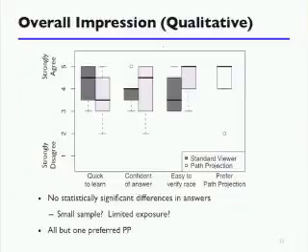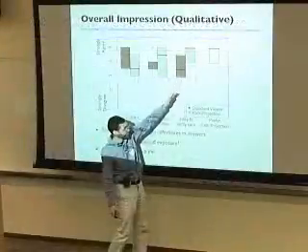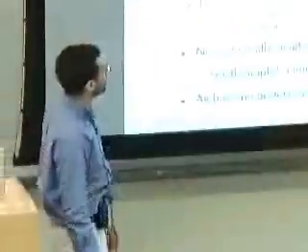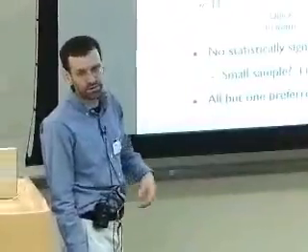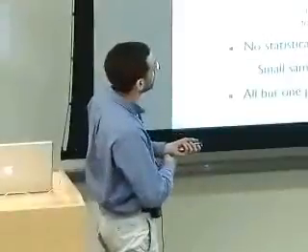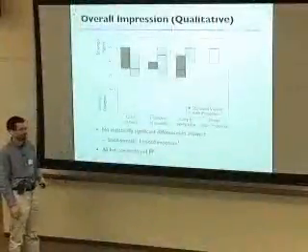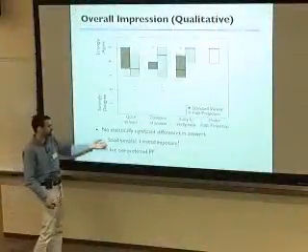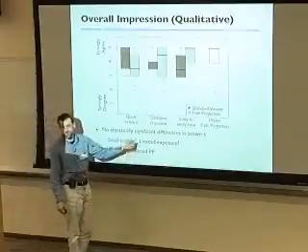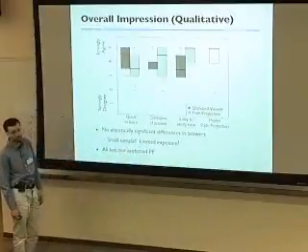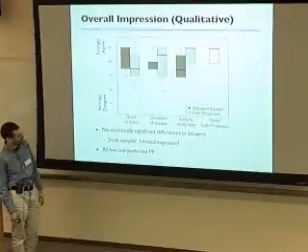And actually, there's no statistically significant difference in the answers to these three questions. So they felt pretty good about both interfaces, which was kind of interesting. Maybe that's because both interfaces are fine. Maybe it's a small sample. Maybe it was limited exposure to both of them, so they weren't able to fully form an opinion. Perhaps the learning effect was still going on.